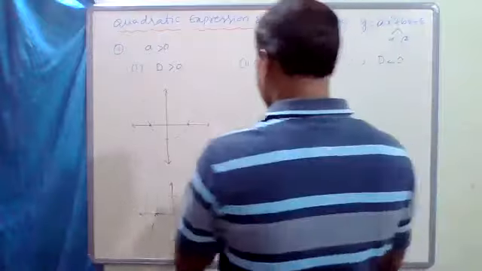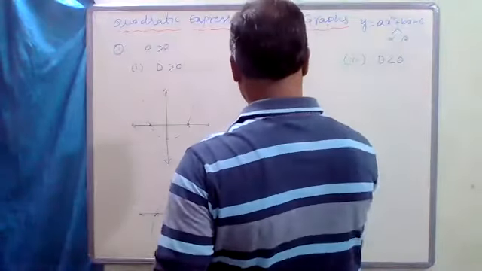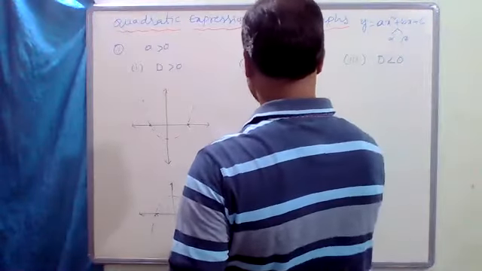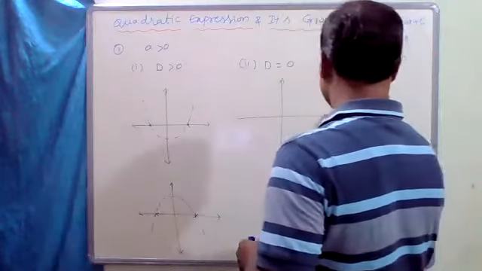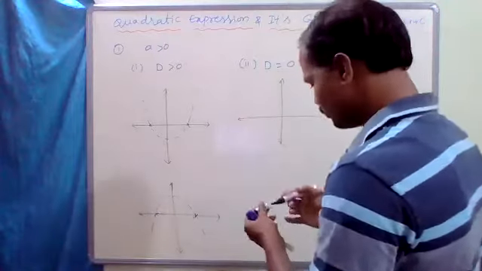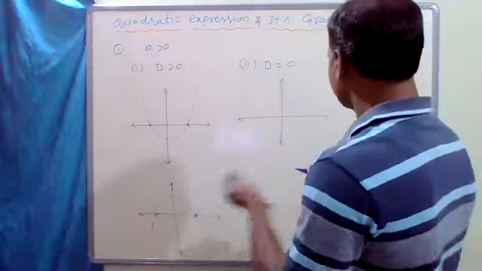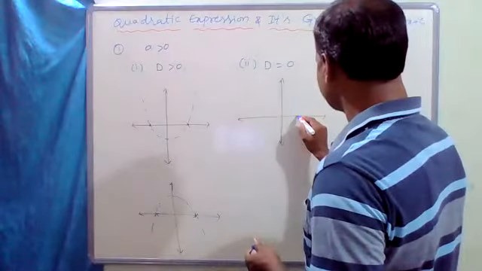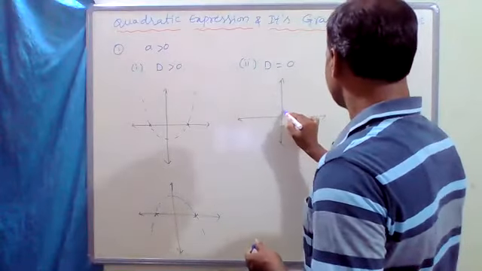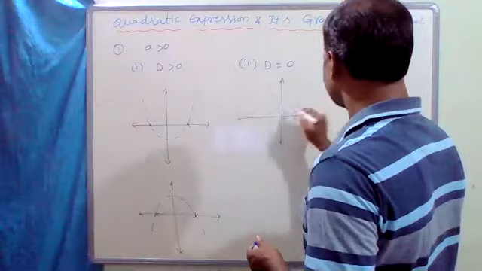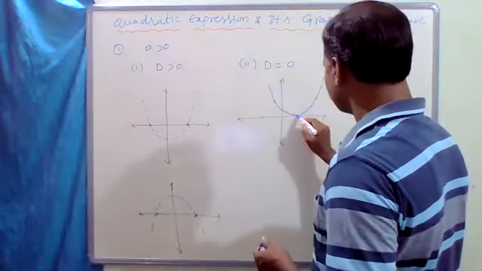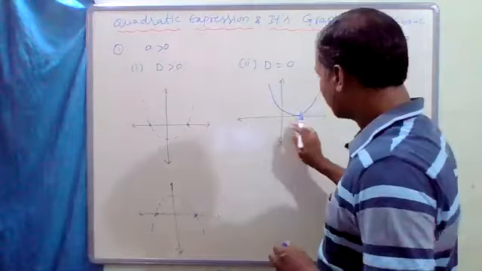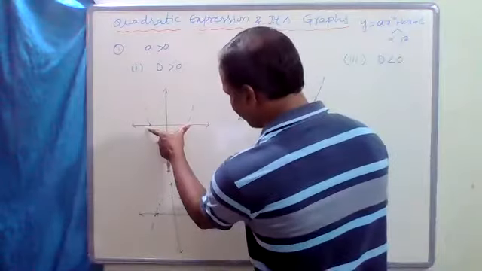The graph is like this. Suppose it touches here.